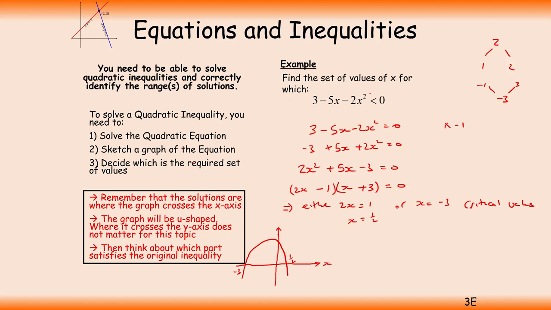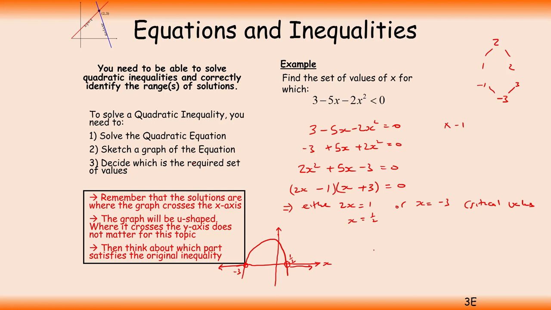And I want to find the values for which this function is less than 0. So less than 0 again is going to be here. So wherever the equation takes the values of a half or more, so it's going to go outwards, or minus 3 or more, it's going to fall below 0.